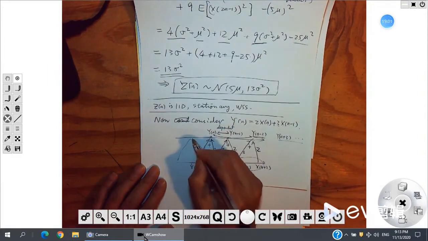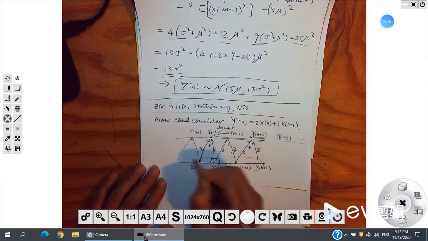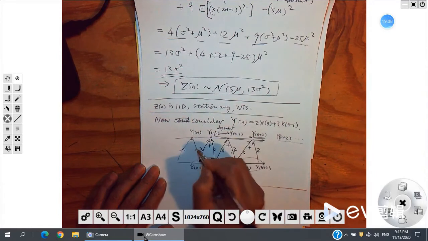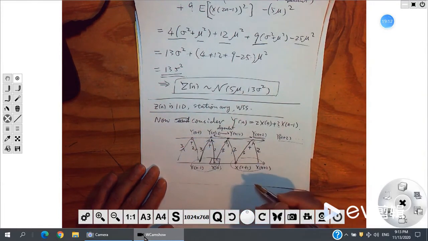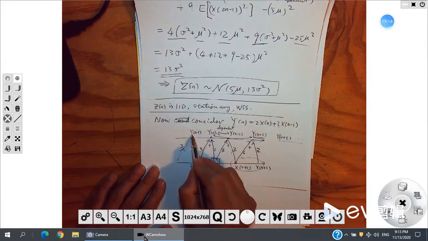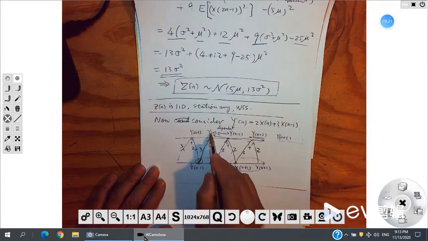Similarly, we have this side. We have another one, this is Y of n minus 1. This times 2, this times 3, summation. Then you see Y of n minus 1 and Y of n have a common point here, so they are not independent.